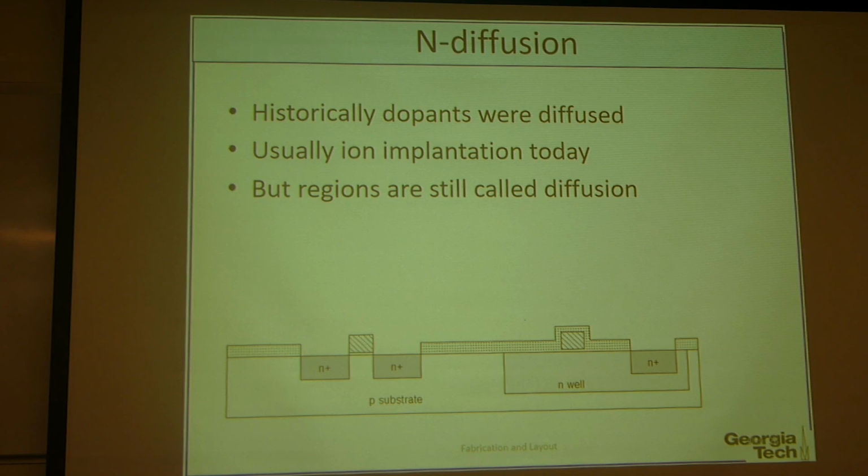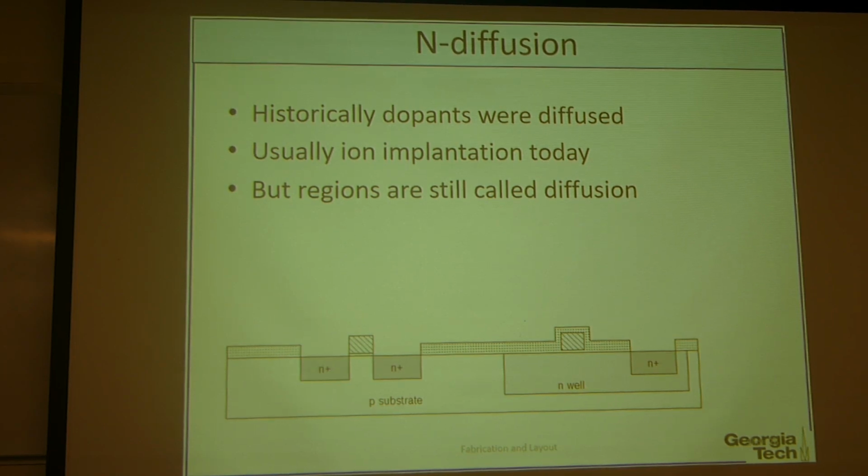So again, we diffuse or ion implant the source drain junction like here. And then heat it up so that you can activate the ions with silicon, and then second, to drive in the junction so that we can make the junction depths we want.